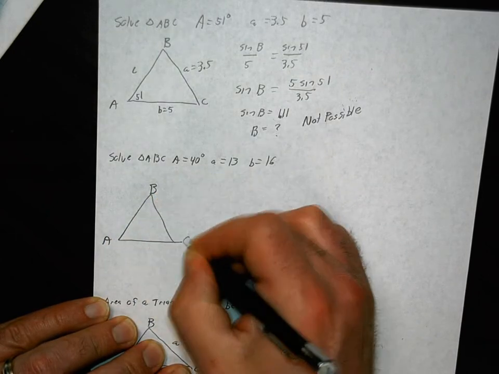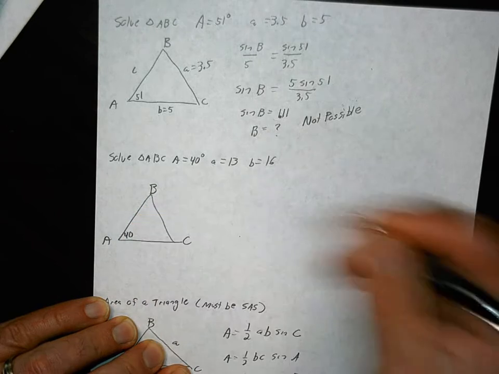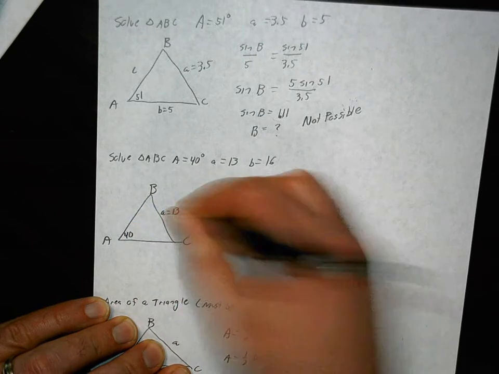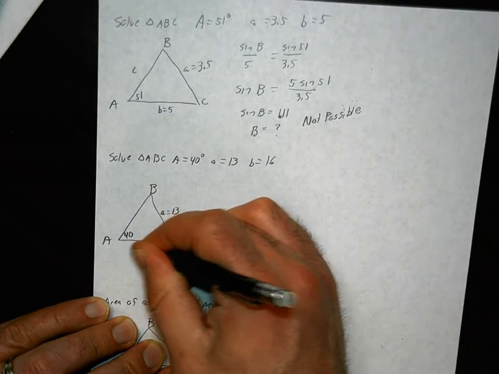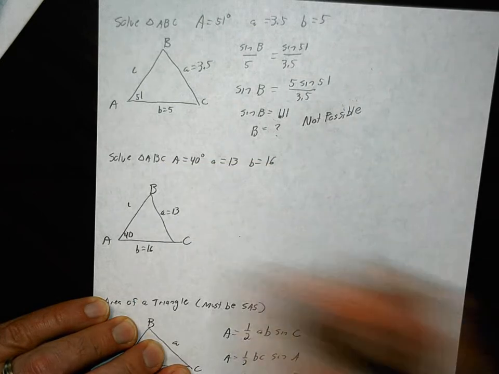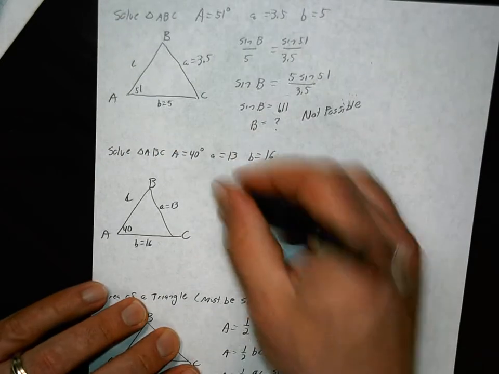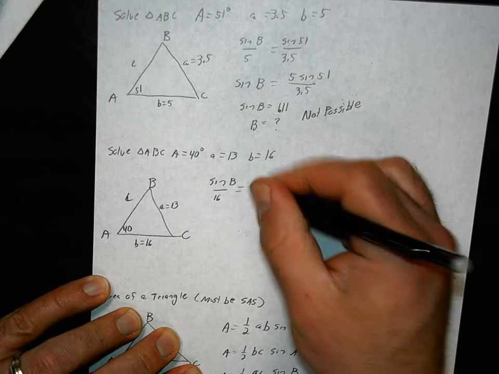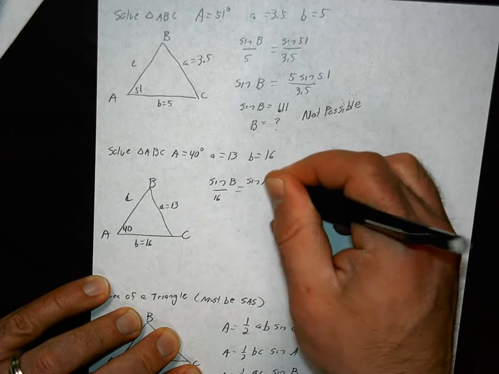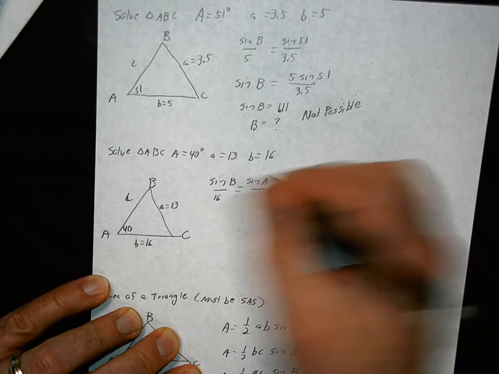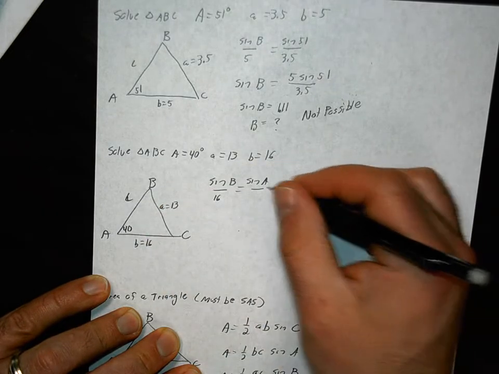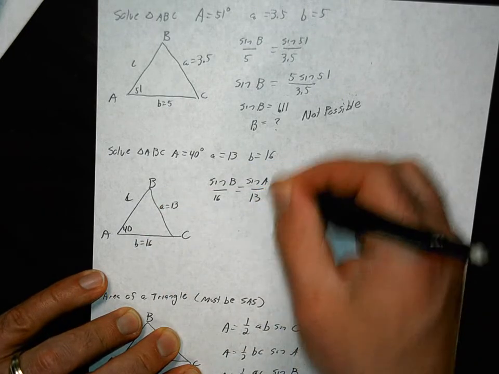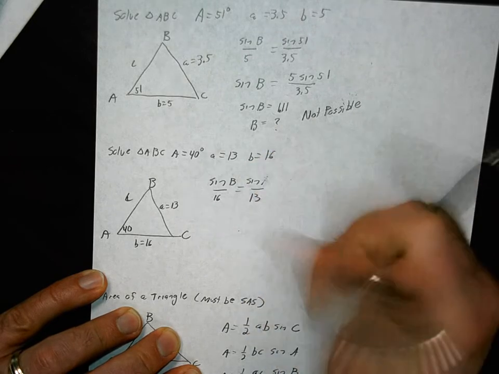So angle A is 40 degrees, side A equals 13, side B equals 16, and C we don't know. So again, we're trying to find angle B. Sine of B over 16 equals sine of A over 13. And A is 40, so plug in 40.